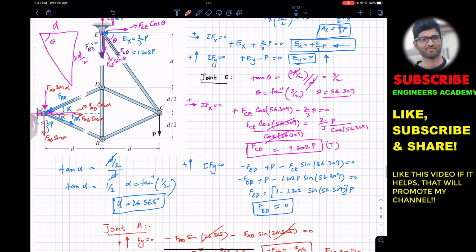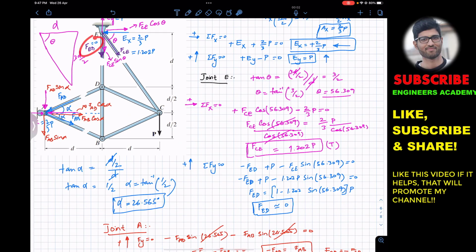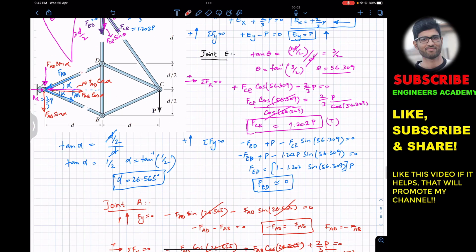Now next we are going to consider joint D. So at joint D, this FED is equal to 0. So there is no need to draw FED force since its value is 0. So we will have FAD, and FAD is compressive force. So it's going to act towards this joint D here.